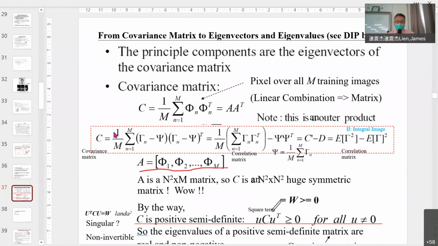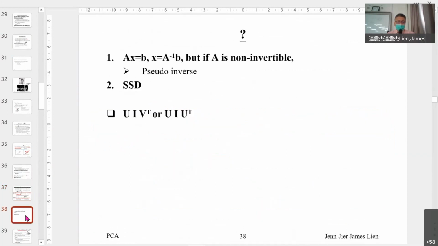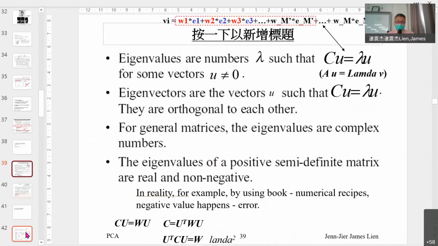Based on the covariance matrix, we decompose it into eigen, this page 39.